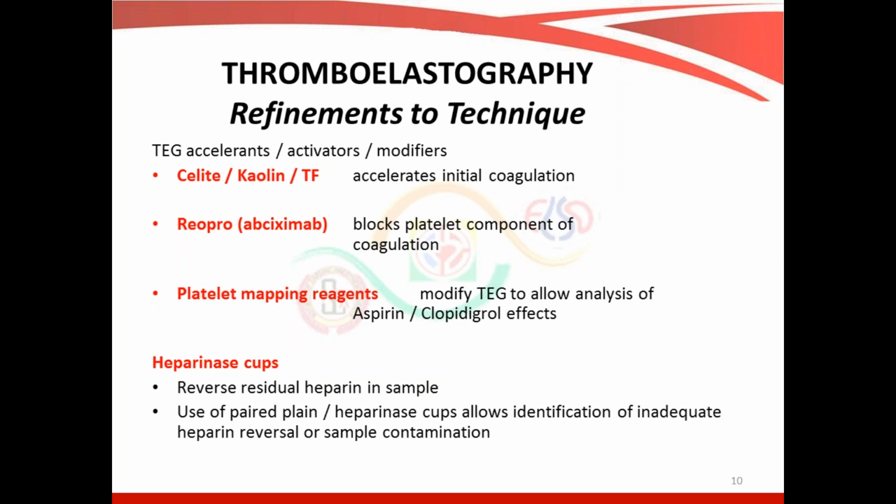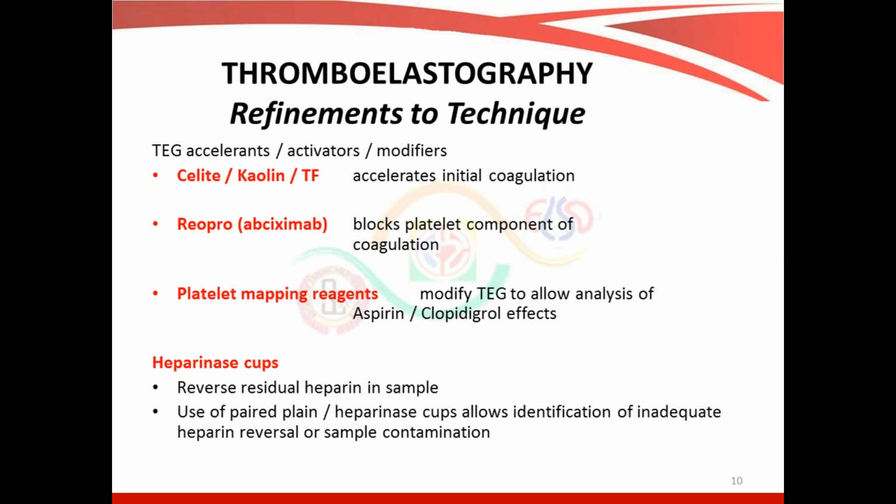or a ROTEM is. So you have TEG, which uses in that cuvette various accelerators or various activating agents or modifiers. These could be celite, these could be aprotinin, it could be kaolin, it could be tissue factor. Sonoclot uses a tissue factor. The moment you have your patient on heparin, the tissue factor gets converted into a heparinase.